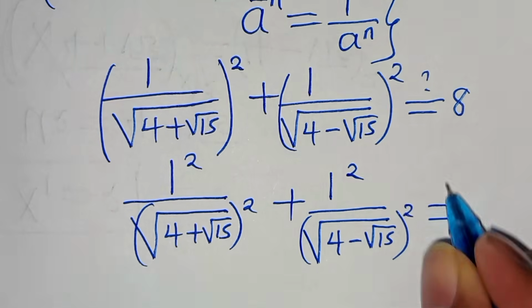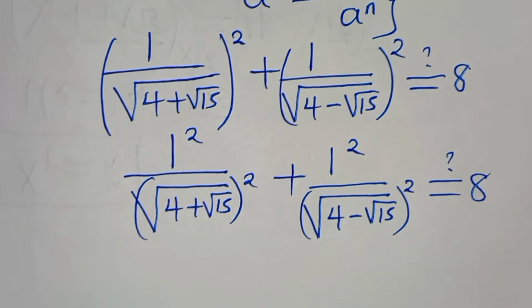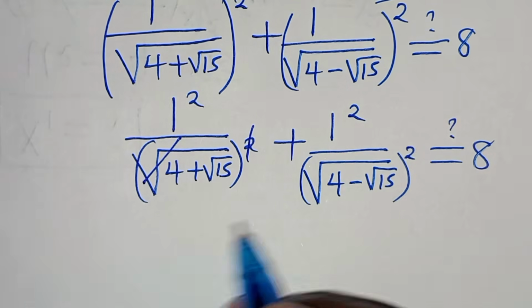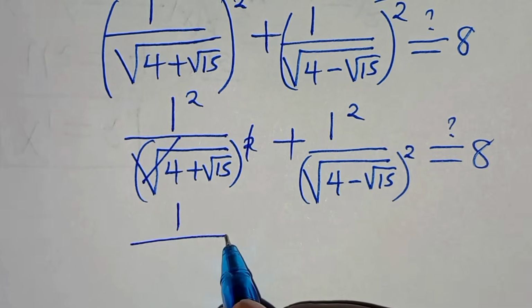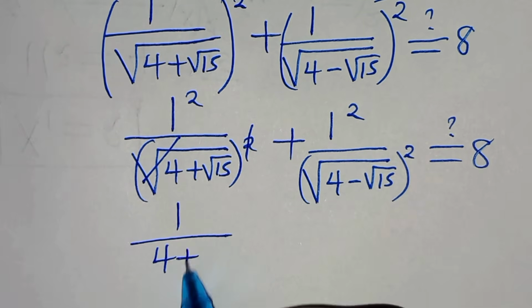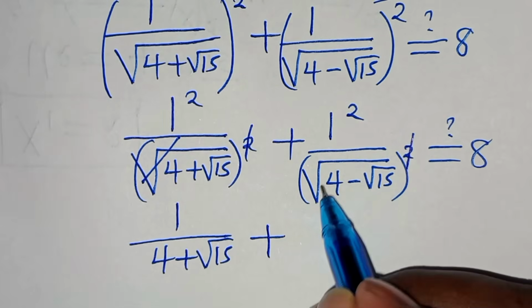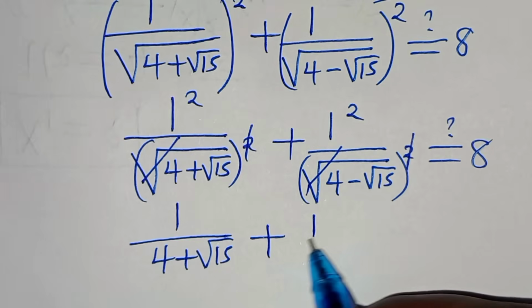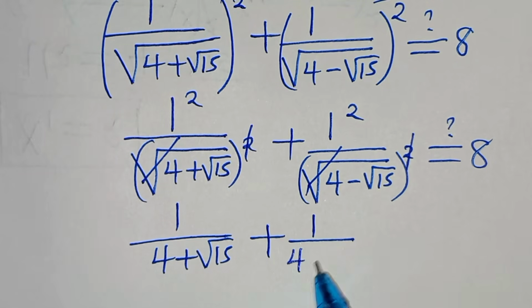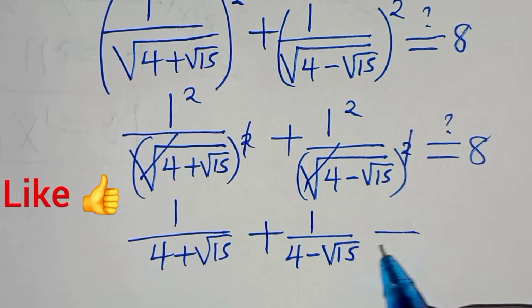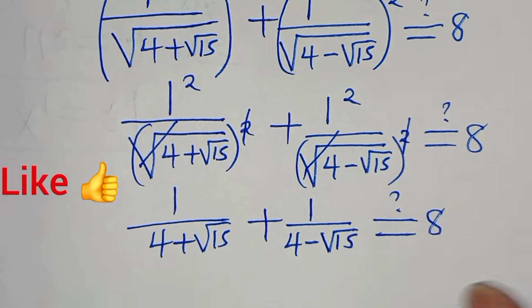This should give us a value of 8. So let's eliminate the square root sign here. So this is 1 over 4 plus square root of 15, then plus, eliminating the square root sign here, 1 over 4 minus square root of 15. This should give us a value of 8.